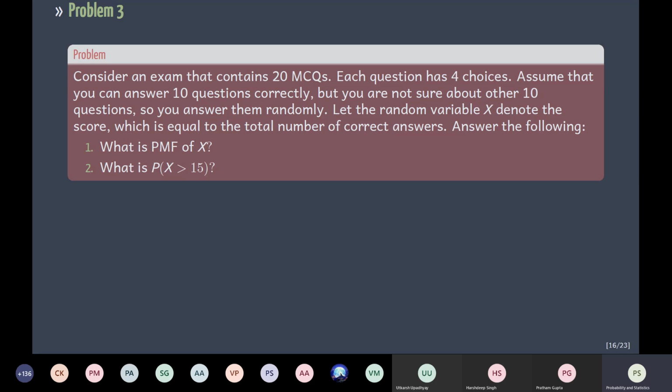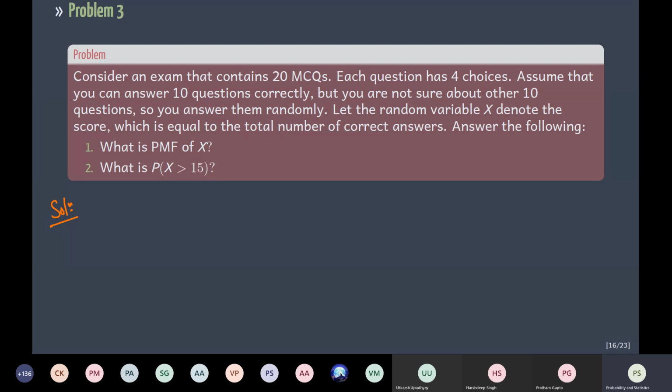Now how will we solve problems like this using random variables? Let us define a random variable. The problem consists of 2 parts: the first 10 questions I can answer correctly, and the other 10 I cannot.